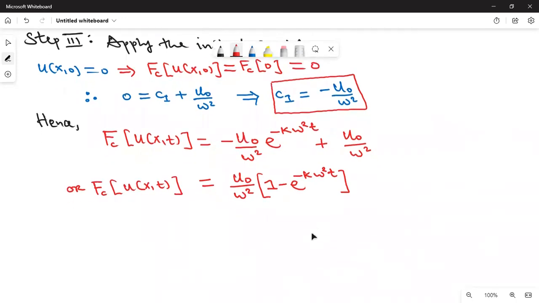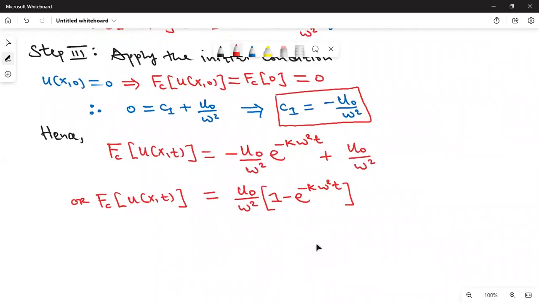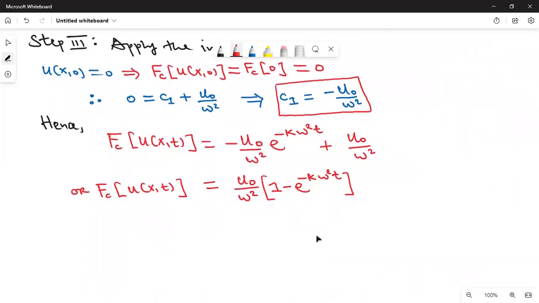The last step is to find the solution u of x,t. So we operate with fc inverse. Take the inverse transform on both sides. So you write step 4. You operate with fc inverse.